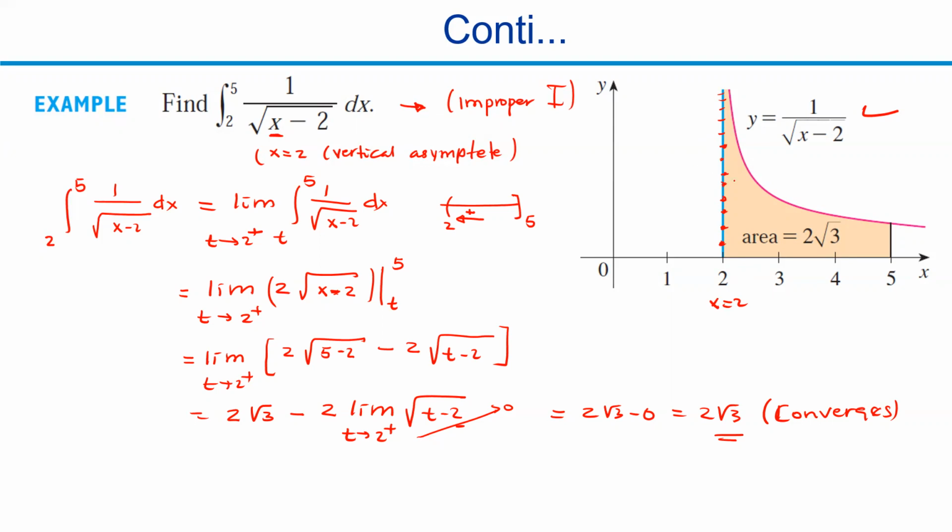Infinitely many points of discontinuity. So that's why it is improper. Now, if you take the area under the graph of 1 over the square root of x minus 2 from 2 up to 5, we obtain 2 root 3, as you already obtained here.